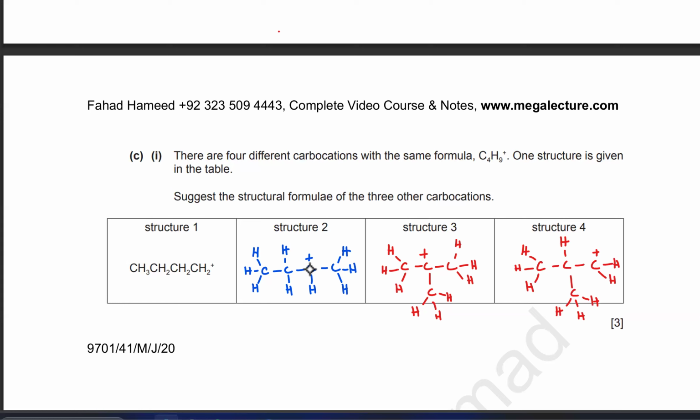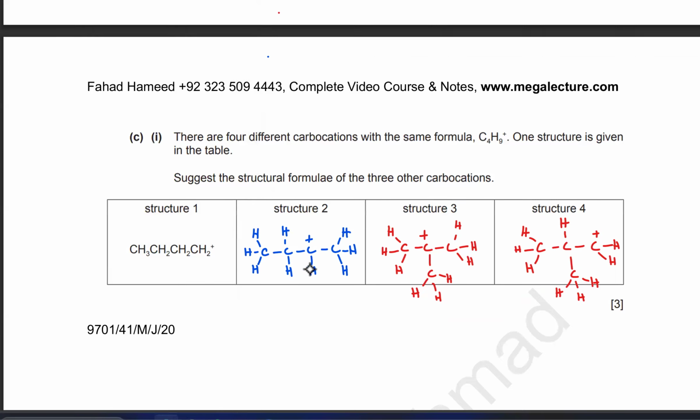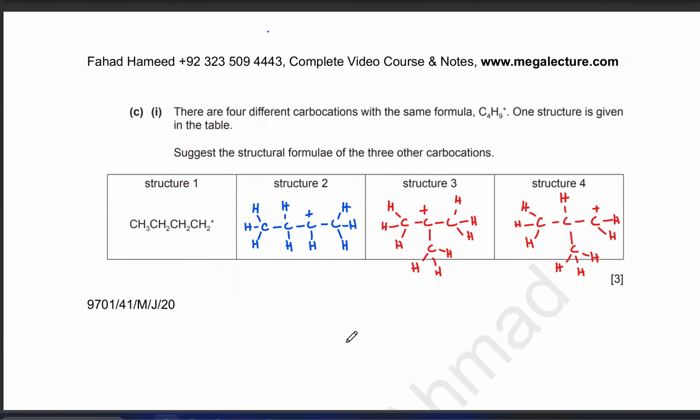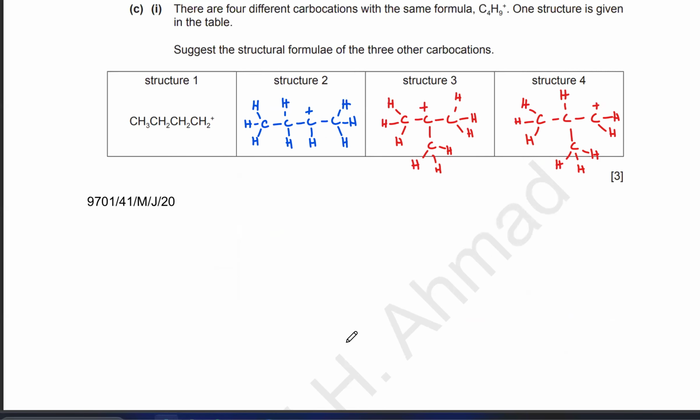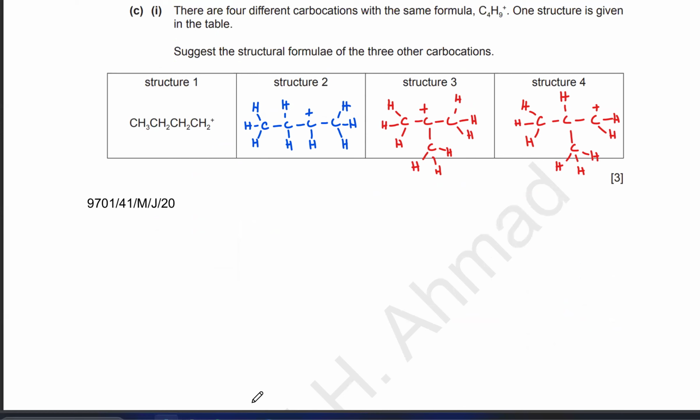So I have C4H9 plus. So there are four different types of carbocation. Okay, although there's no further question, which one of the carbocations do you think is the most stable one? Sir, structure 3, the third structure. Yes, okay, the tertiary carbocation, that's the most stable one.